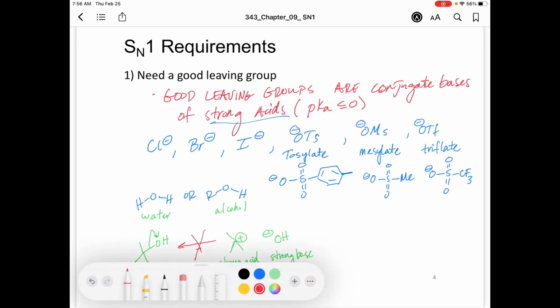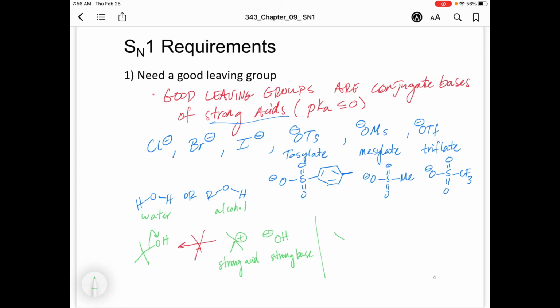Okay, now one way that you could do this is if I were to have a protonated alcohol, okay? So if I have something like protonated ethanol hanging out here, you could imagine that with time, this could come off, and this does in fact happen. That's because you're making this neutral alcohol here, which has a conjugate acid with a pKa of around 15, okay?